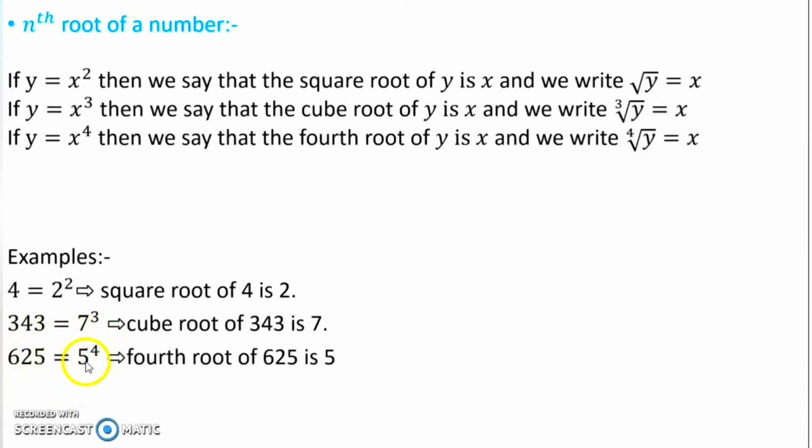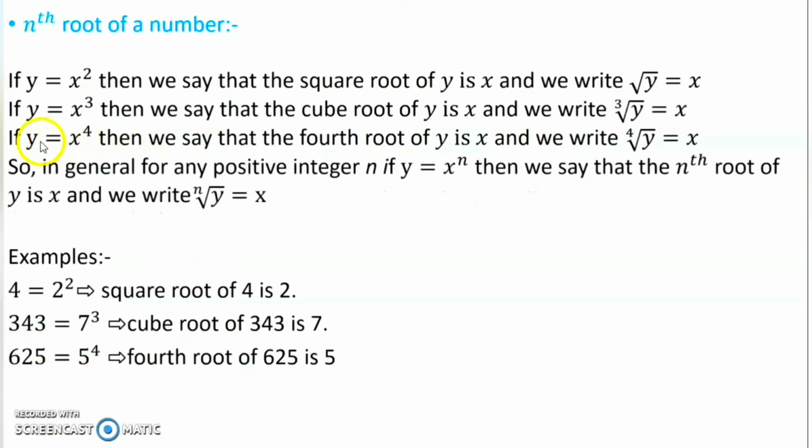If you multiply 5 4 times, that is 5 raised to 4, you will get the number 625. So from this expression you can conclude that the fourth root of the number 625 is 5. If you have in general y equal to x raised to n for any positive integer n, then we say that the nth root of y is x, and you write n here and you write y under the root sign. So these were the preliminaries.